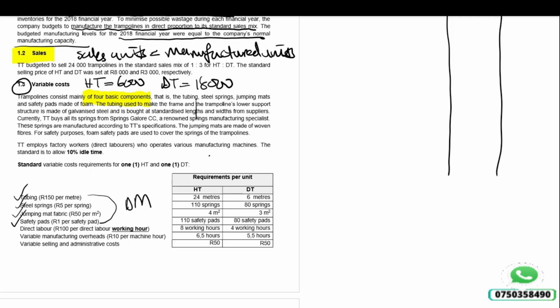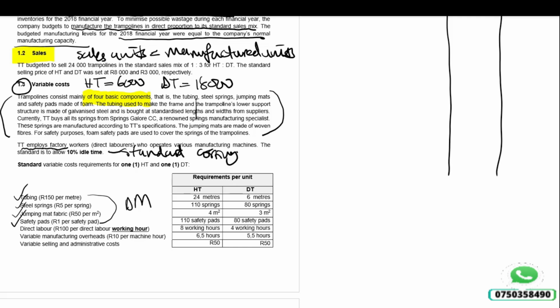The tubing is used to make the frame. This part is just explaining the manufacturing process of trampolines, so I'm not going to worry much about that process. Then they say TT employs factory workers, direct laborers who operate various manufacturing machines. The standard is to allow 10% idle time. You don't need to worry about idle time now.